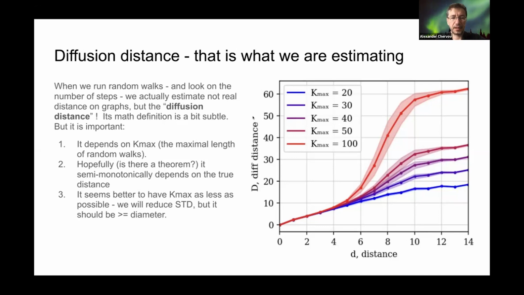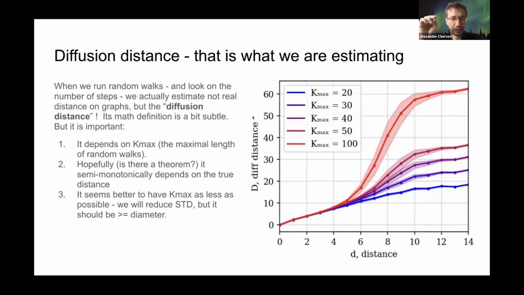At the beginning, I told you a very simple thing: that we run a random walk and our target is just the number of steps the random walk has done. So for each element, we have calculated the number of steps the random walk has achieved. Very simple, very naive definition.